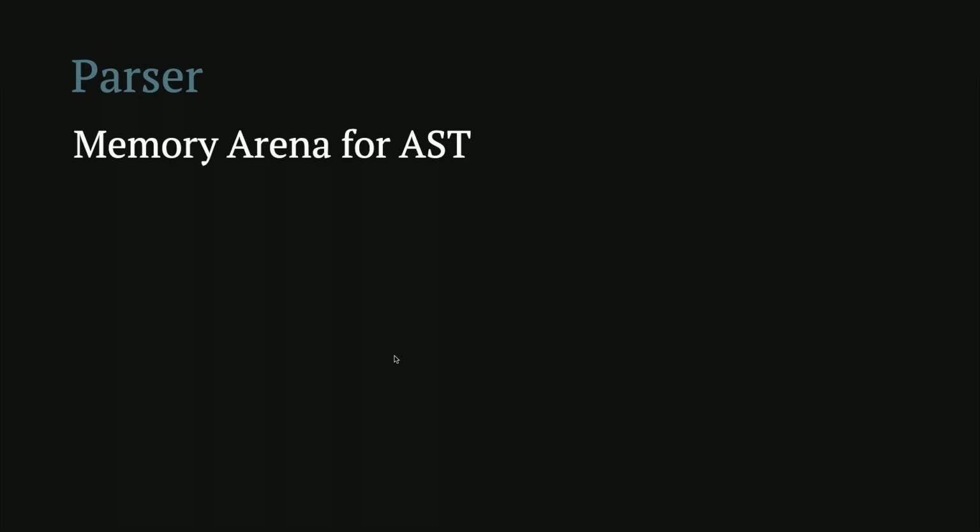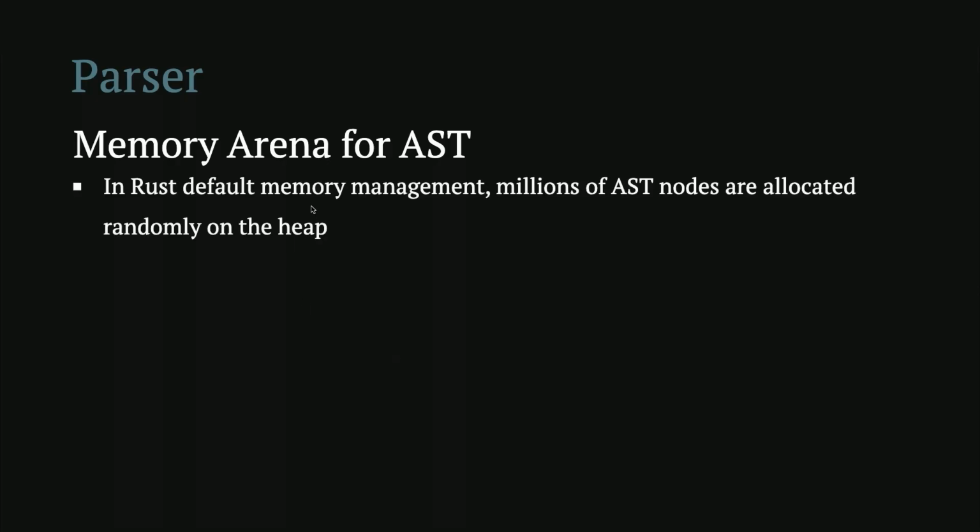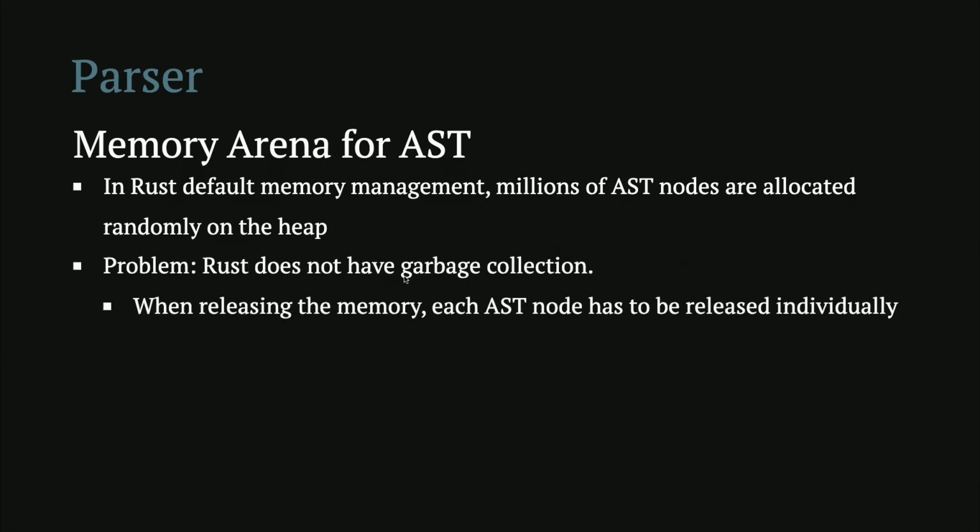The last concept in the parser, which is different in Oxc from all the other Rust parsers, is called a memory arena. If you're into game design, you may be familiar with normally putting objects into one data pool or continuous memory. In Oxc, when you allocate millions of AST nodes, they are randomly allocated on the heap. Rust does not have garbage collection, so they will just be in random places in your memory, and that's really slow.